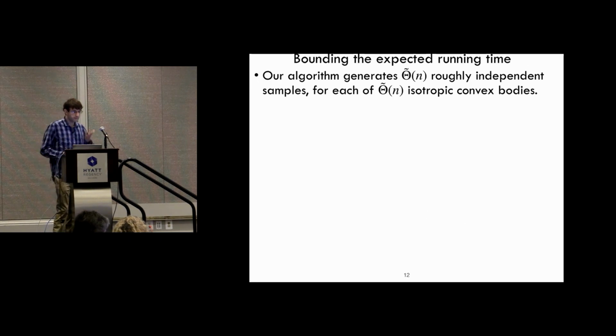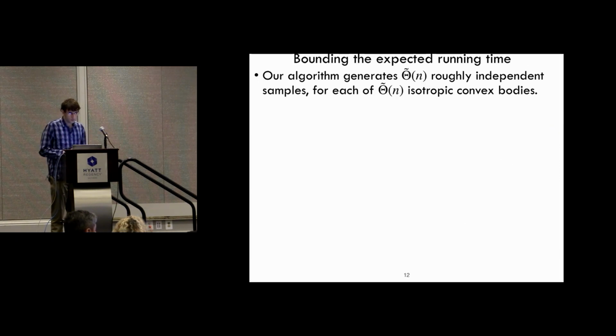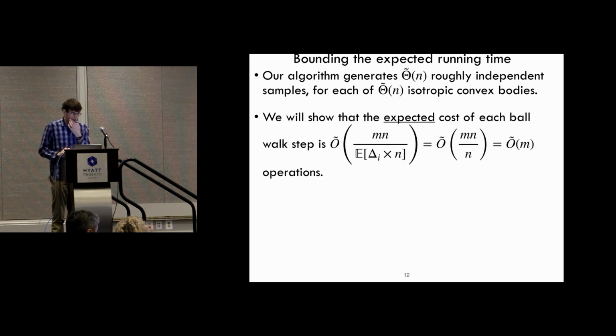Okay, so how do we bound the total running time of the algorithm? There are roughly n convex bodies inside this sequence, and we generate n independent samples from each of these convex bodies. So that's n squared independent samples in total. We also will show that the expected cost of each step of the ball walk is roughly equal to the number m of faces of the polytope.